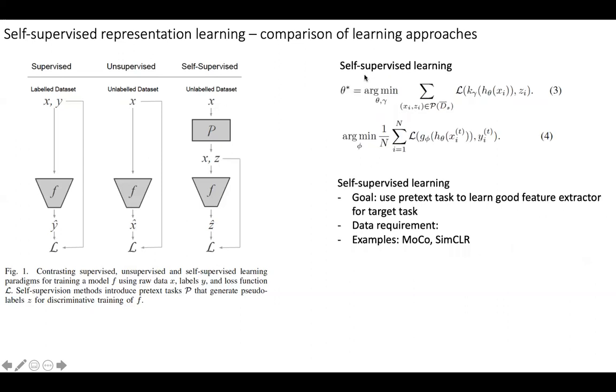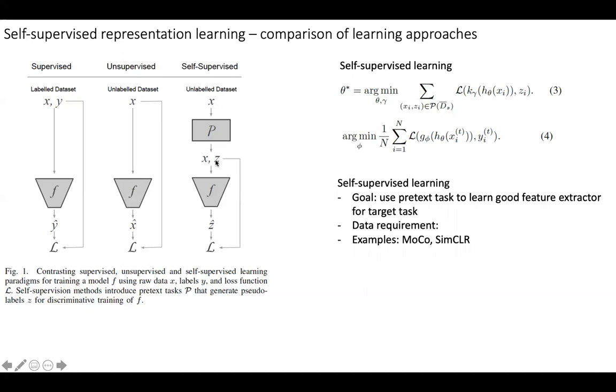For self-supervised learning, it's a little bit different. So we still have only an unlabeled dataset. We only have the input, for example, but from this input, we can generate a label.